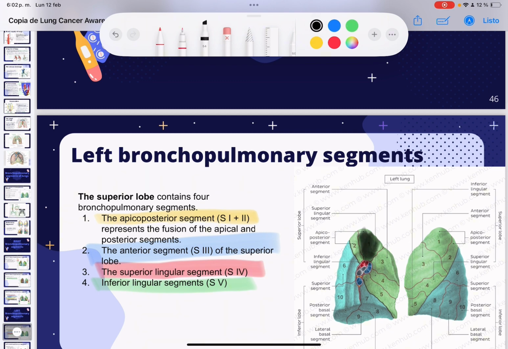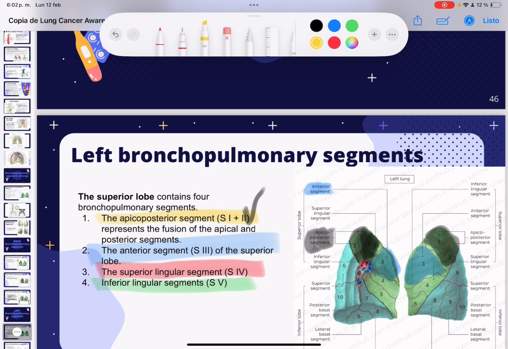So this is the first one with the second, that they will be apico-posterior segments. The anterior segment, or S3, we will see in here, in the middle part. This forms just one segment.